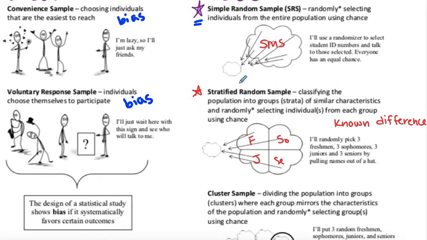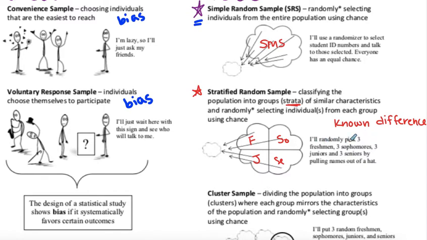So by stratifying this, we're going to classify the population into groups called strata of similar characteristics. Now I have a group of freshmen, a group of sophomores, a group of juniors, and a group of seniors. Then I'm going to randomly select individuals from each group using chance.